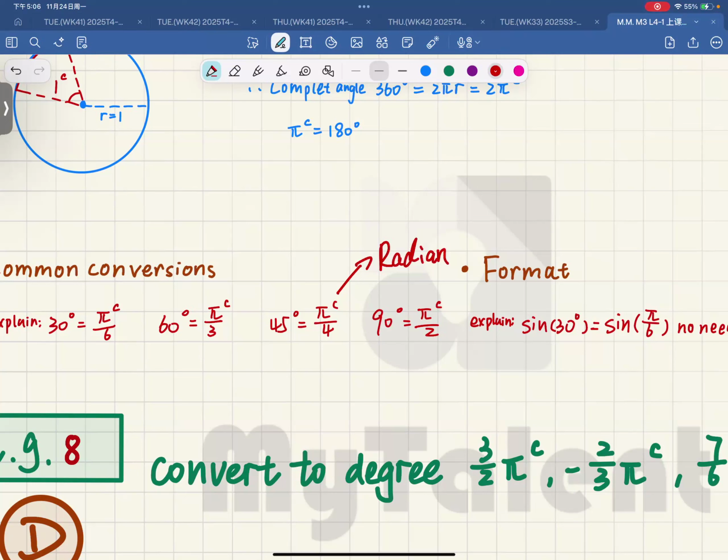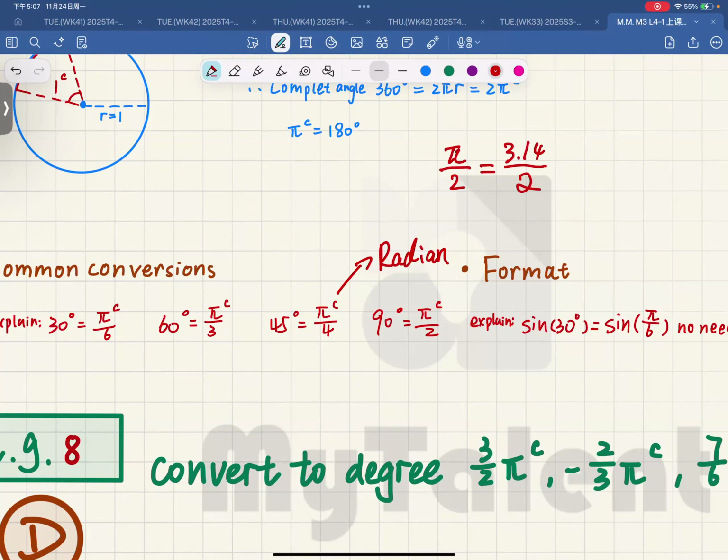Technically, without that C, pi over 2 is equal to 3.14 divided by 2.